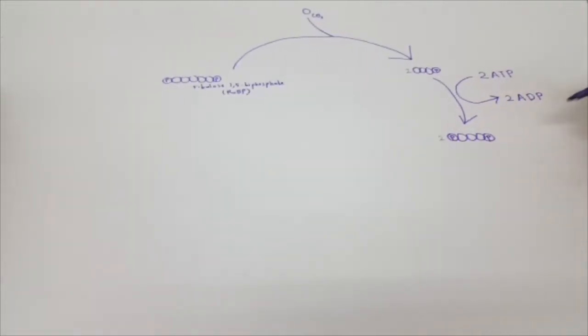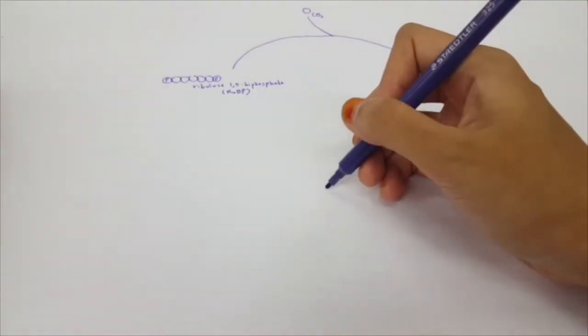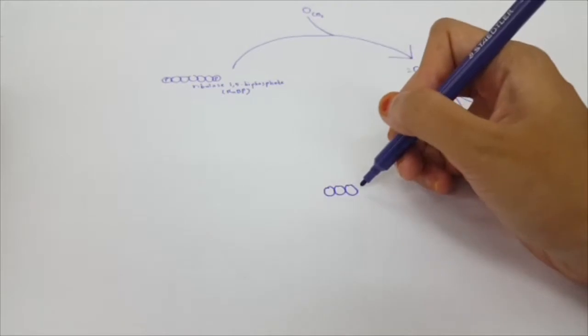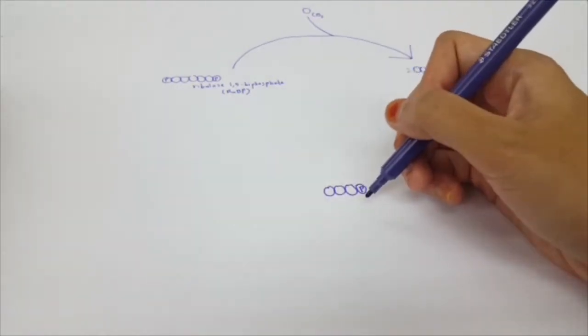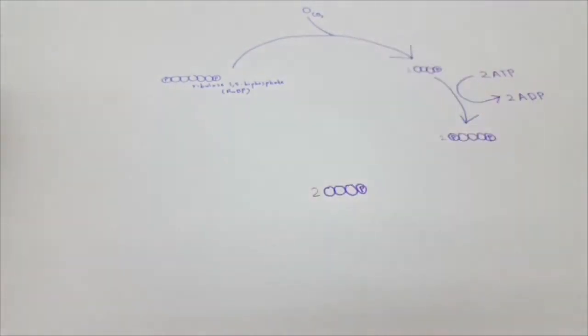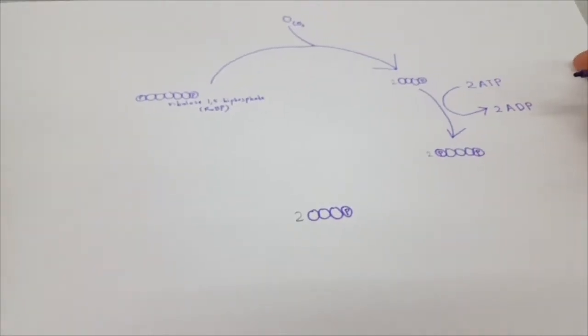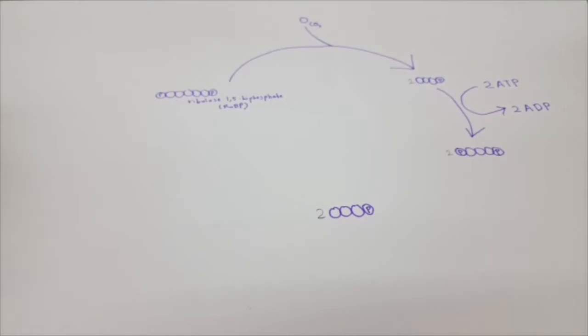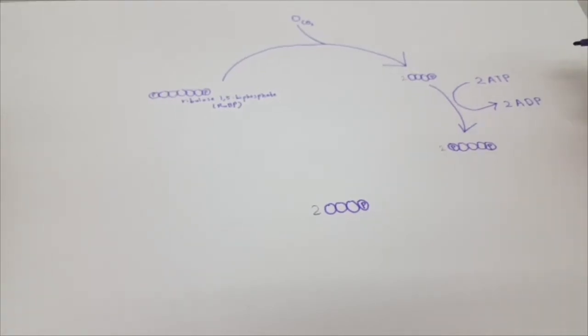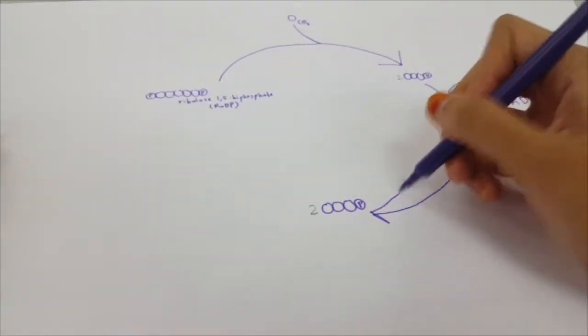ATP stands for adenosine triphosphate and ADP stands for adenosine diphosphate. The ATP molecules came from the light reaction, which produces ATP in the thylakoid membrane.